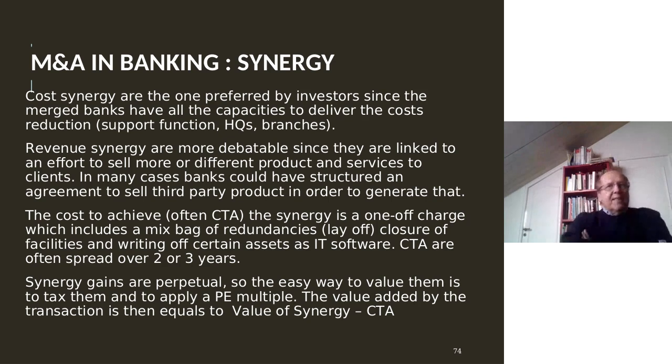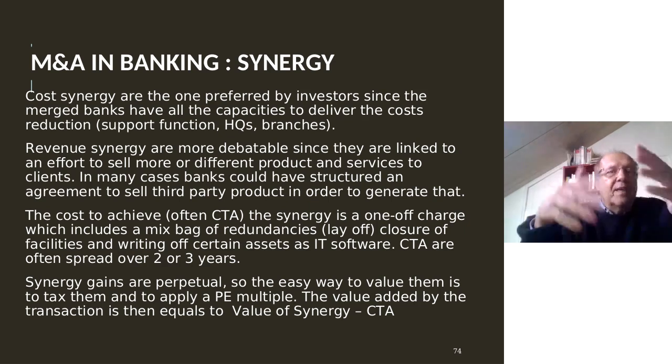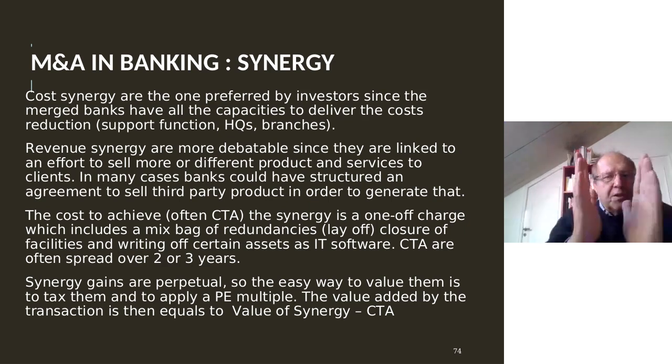So the CTA, the cost to achieve, is supposed to be all the cost linked to effectively combining the operations of the two banks. But this cost is a very nice thing in the analysis because it's a one-off.